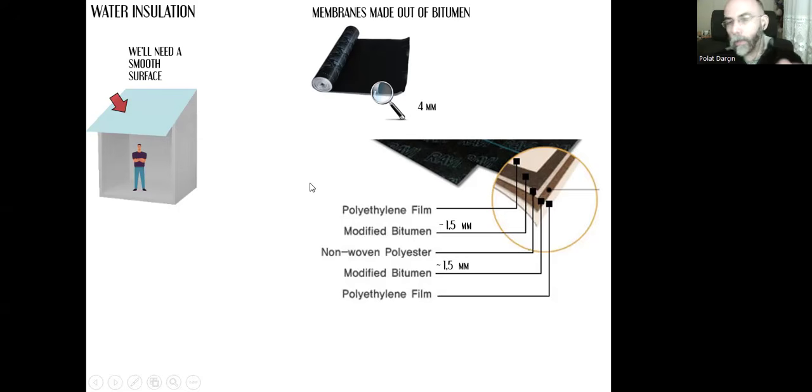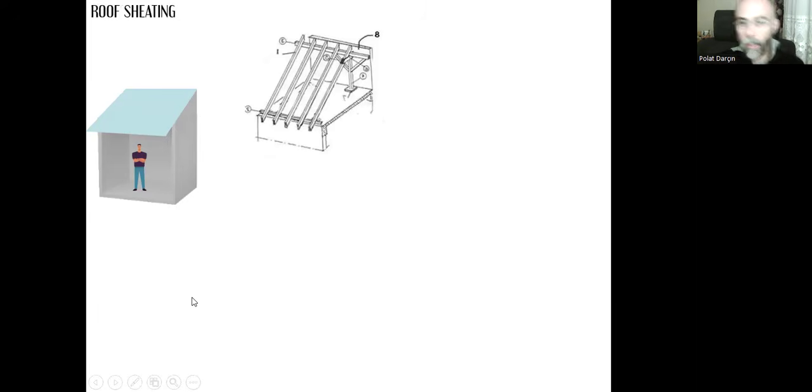Of course, in order to cover this bitumen sheet, we need a smooth surface. And you know that if we are designing this type of load transferring roof, or maybe the suspended roof, we have rafters, a series of rafters, and they have gaps.